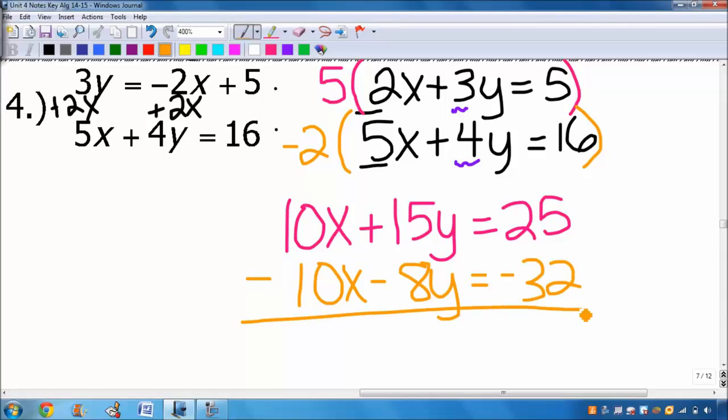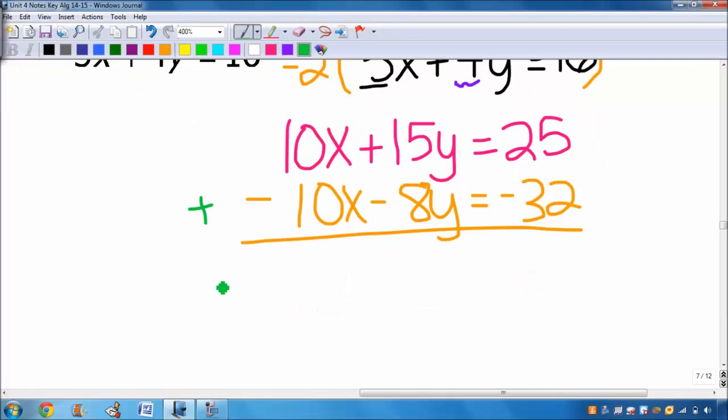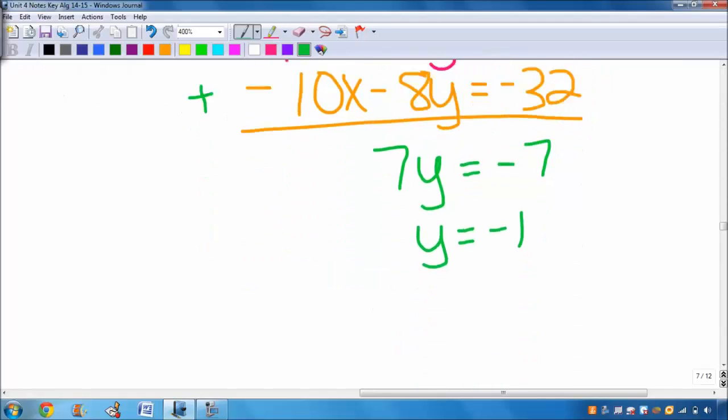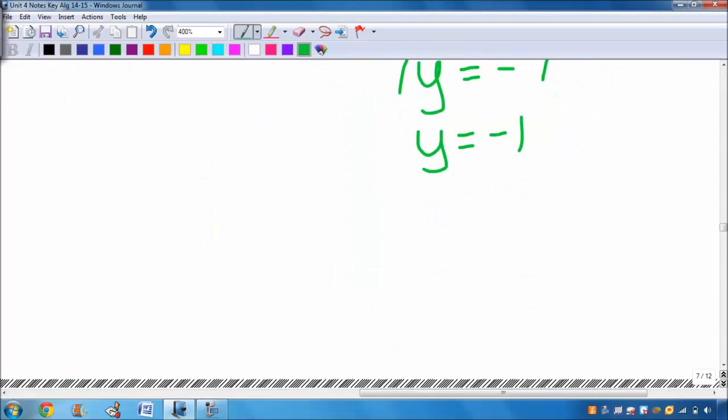Now I can add my equations together, and 10x minus 10x eliminates, so we've done it correctly because the x's go away. 15y minus 8y is 7y, and then 25 minus 32 is negative 7, which means that y equals negative 1. Now you can go ahead and plug that into either equation that you want in order to solve for x.